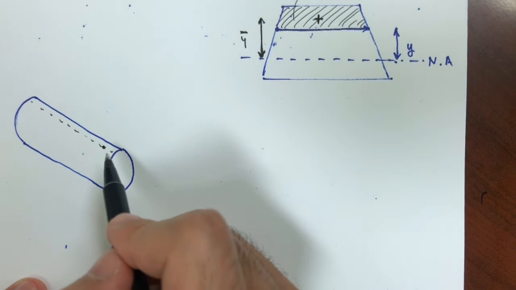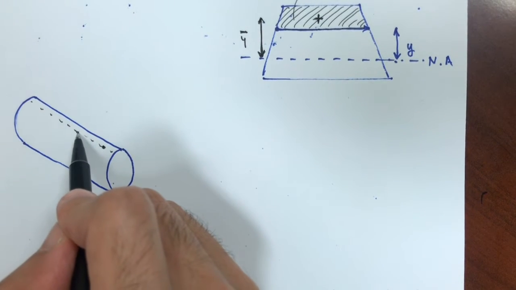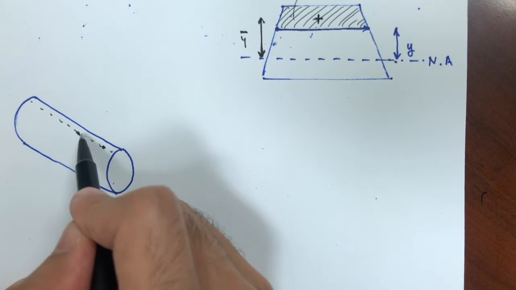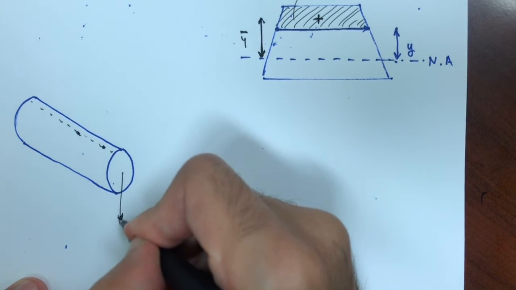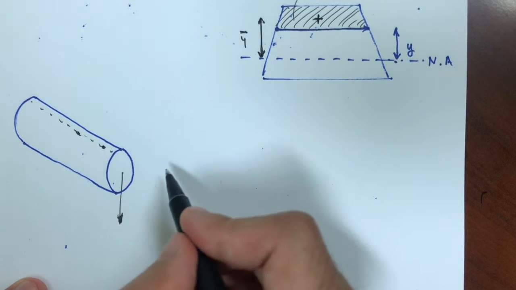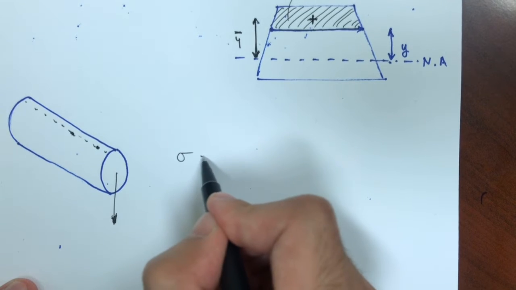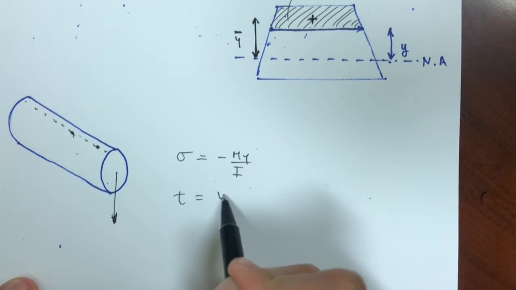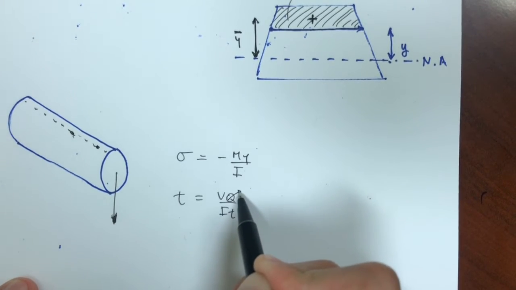If I'm standing here, what would delta H be? It's nothing, because I'm at the surface. If there's a load in this direction, there would be tension from the bending, so there is going to be a sigma equal to minus My over I. There's nothing from VQ over It because Q would be 0.